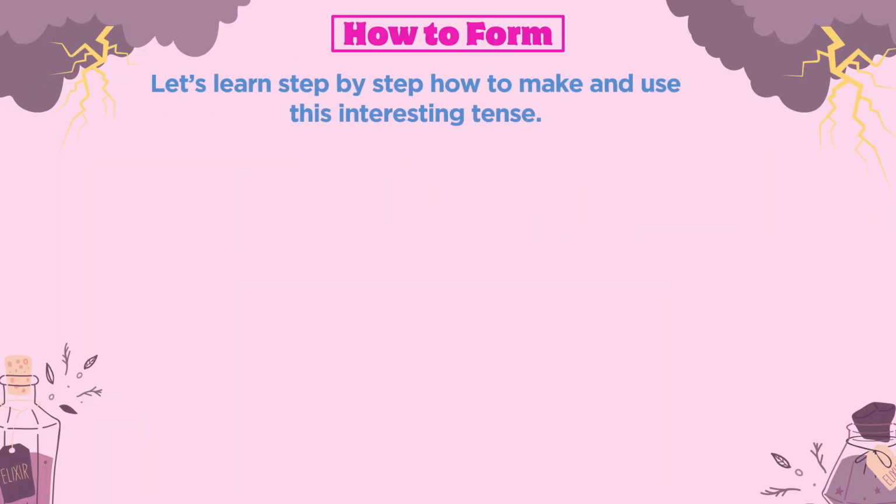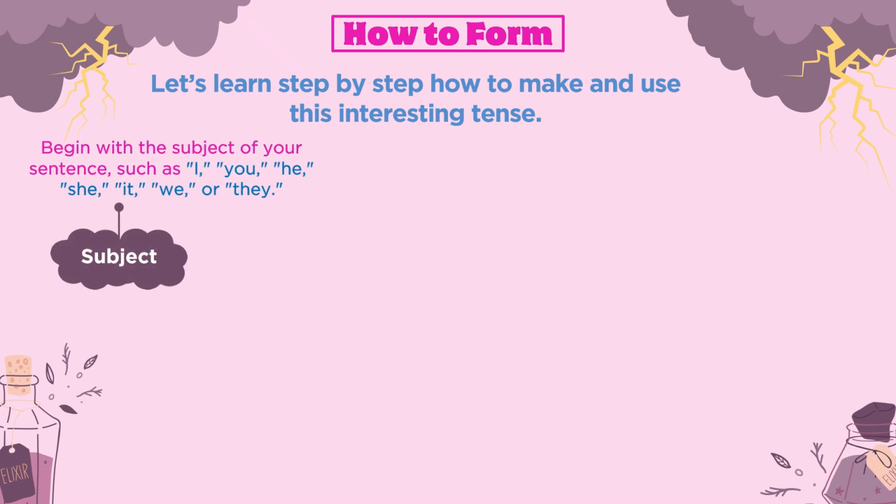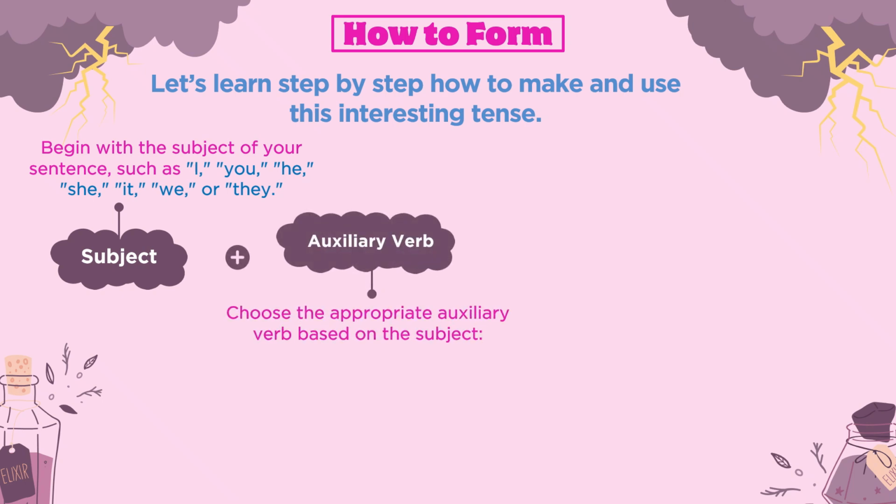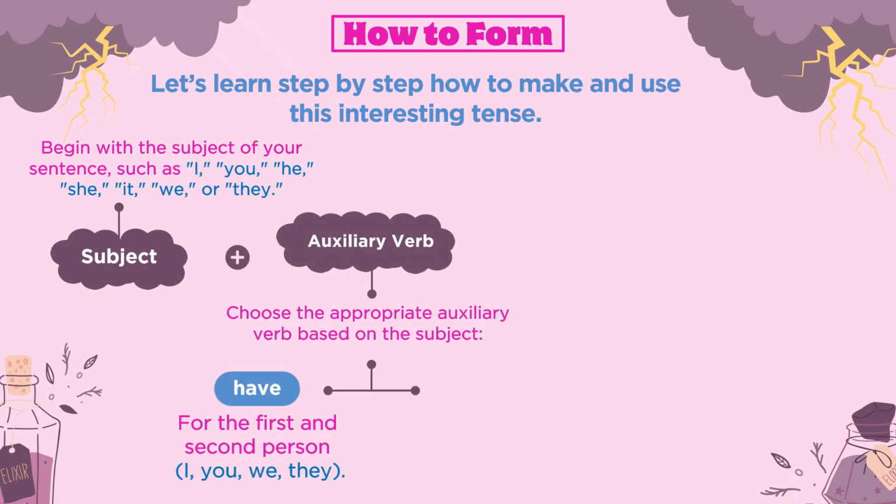Let's learn step by step how to make and use this interesting tense. It begins with the subject of your sentence, such as I, you, he, she, it, we, or they. After that, we need an auxiliary verb. If your sentence has the subject I, you, we, or they, we always use the be verb have.